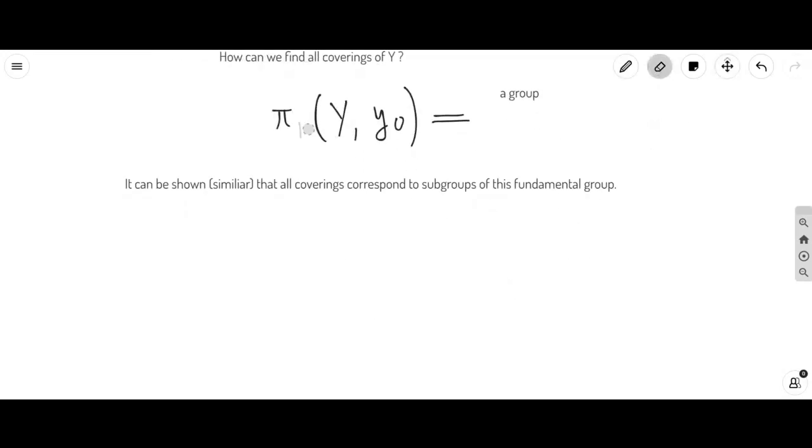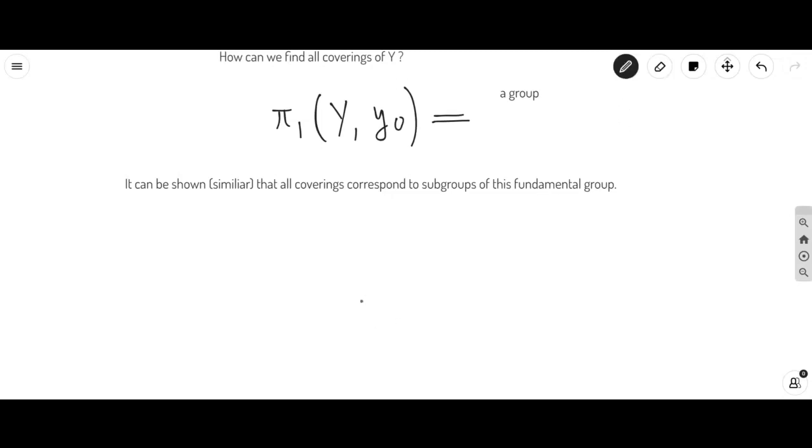So instead of using the group of automorphisms, you just use the fundamental group itself. Now this is going to be a little bit trickier because what group do you have to use? Like previously we used a group of automorphisms, so what do you do here?